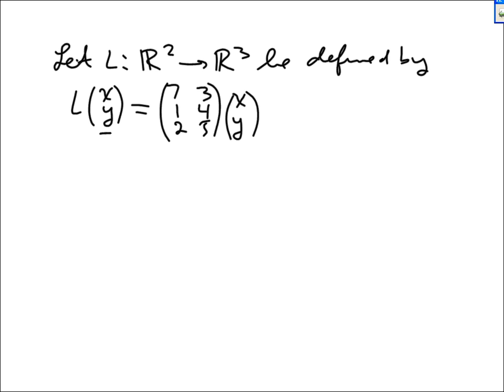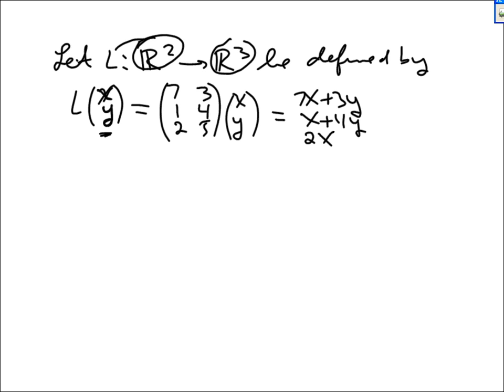I'm supposed to take L of things in R2, and I want to make sure that I am getting something in R3. Well, if you were to multiply these two matrices, you would get 7x plus 3y, 1x plus 4y, and then 2x plus 5y, which is in R3.